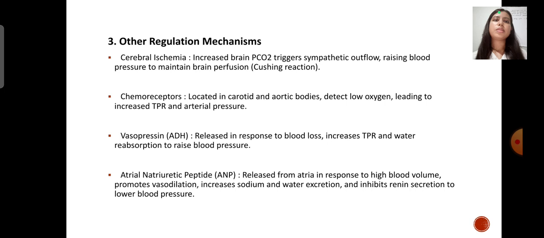Then vasopressin or ADH can also be released in response to blood loss, increasing TPR and water resorption to raise the blood pressure, and atrial natriuretic peptide, which is released from the atria in response to high blood pressure, promotes vasodilation, increases sodium and water excretion, and inhibits the renin secretion, lowering the blood pressure.